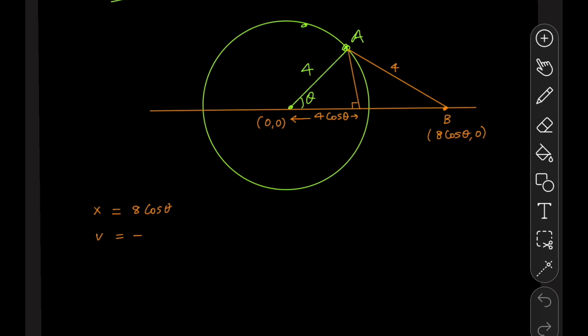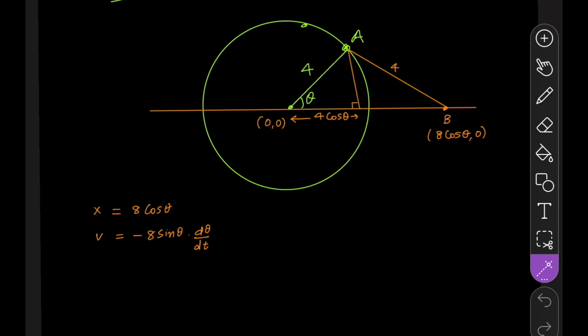Let the x coordinate of B be 8 cos theta, then differentiate this. d theta by dt is the angular speed of particle A, and that is v over R from the property of circular motion.